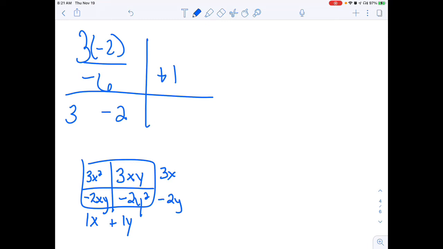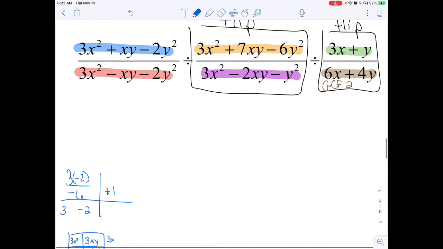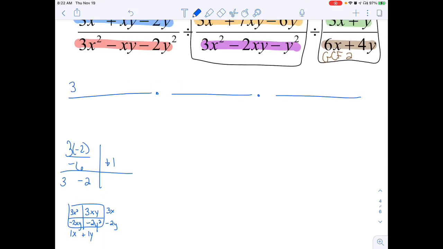But I'm going to fill that in on the top left problem. So I'm going to get 3x minus 2y and 1x plus y. So let's see, I'm going to draw my color codes. There we go. So the blue goes on the top left. So 3x minus 2y and 1x plus 1y goes right there.